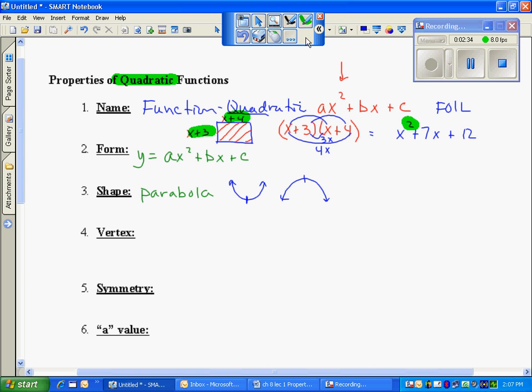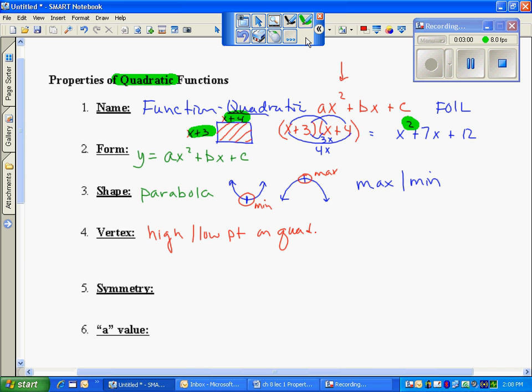We're going to be interested in these because they're going to have a max or a min. So taking a look at the graph, the lowest point here would be the minimum. Highest point here would be the maximum. And this point is called the vertex. The vertex is this high or low point on the quadratic graph called the parabola.